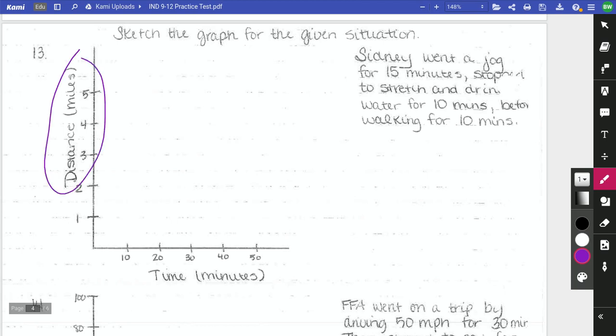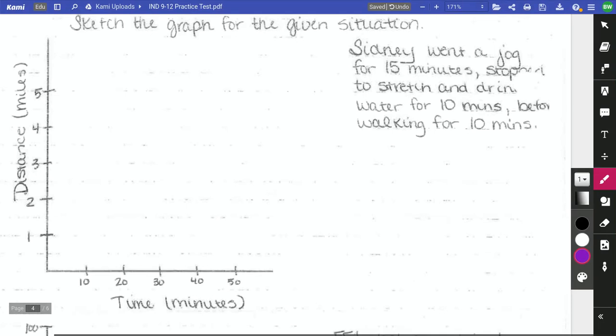This is a distance-time graph, distance versus time, we might say. Okay, so let's read it. Sydney went for a jog for 15 minutes. She stopped to stretch and drink water for 10 minutes before walking for 10 minutes. Okay. So she jogged for 15 minutes.